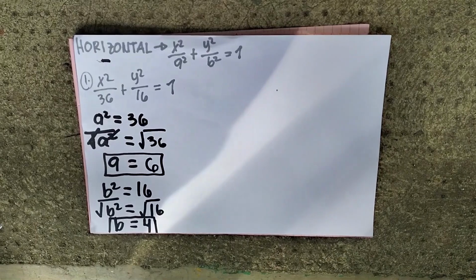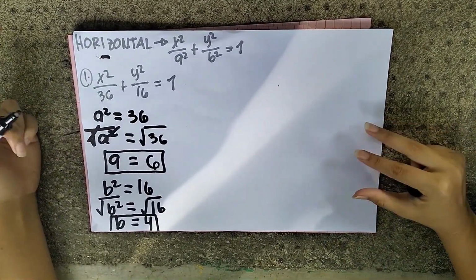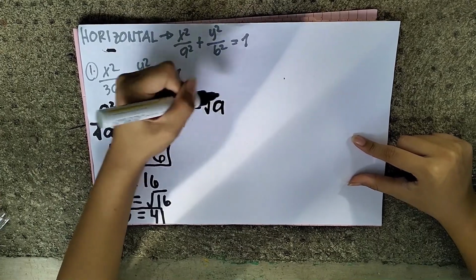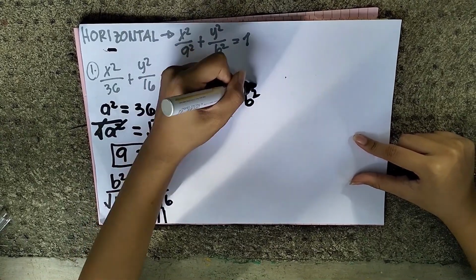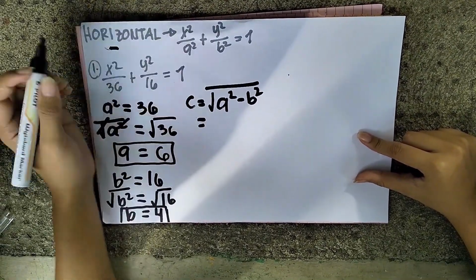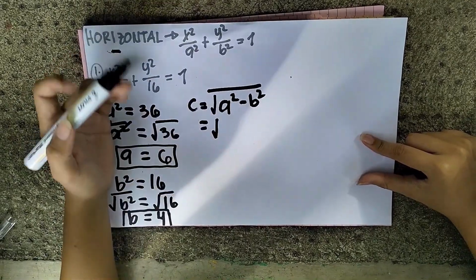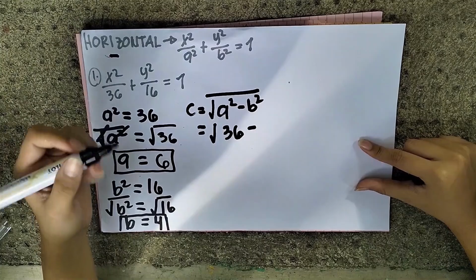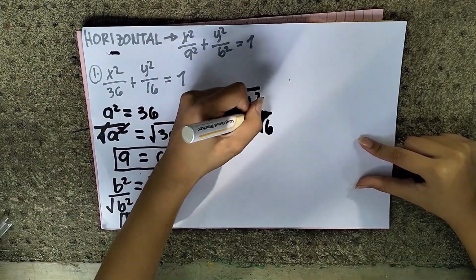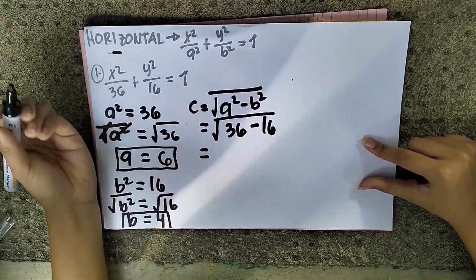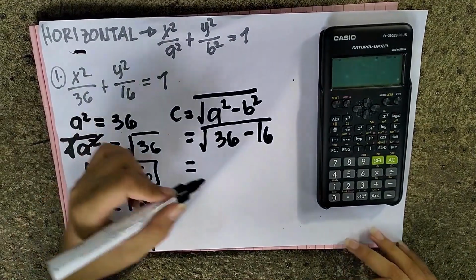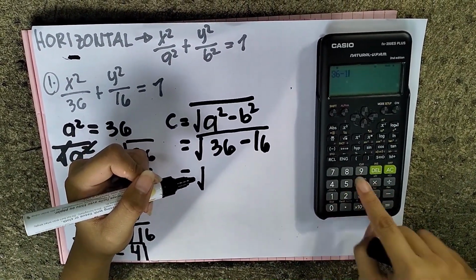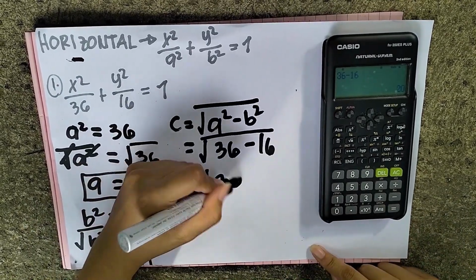So now let's solve for the focus or the foci. We have the equation of c is equal to the square root of a squared minus b squared. So let's follow that. Substitute the value of a squared, copy the square root. The value of our a squared is 36, minus b squared, which is 16, is equal to, so copy the square root still, 36 minus 16 is equal to 20.